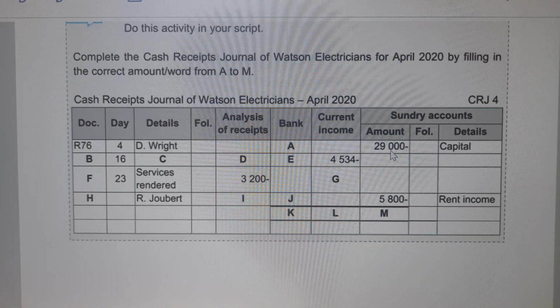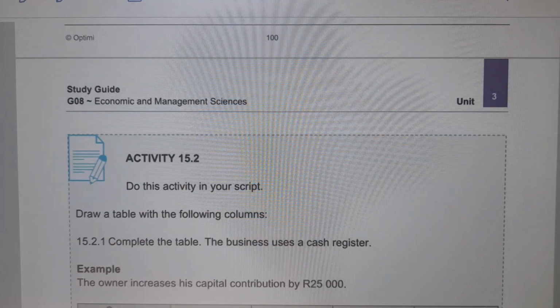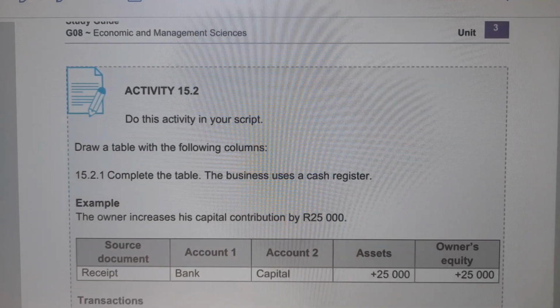Sundry amount, we only have two, which is 29,000 plus 5,800, and we will get 34,800 for alphabet M. Okay, so this is just the revision of CRJ. Please redo it until you get it right.